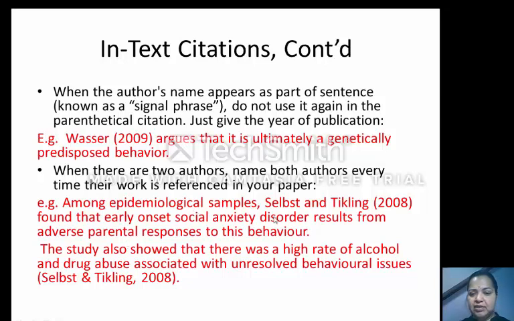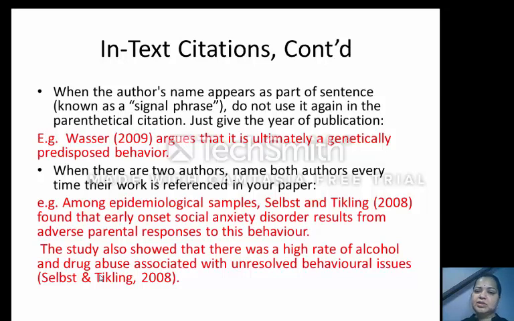So as I said, if you are saying it in between the line, at that time you can use "and", and if it is towards the end of the line, then you can use the ampersand when you put everything into a parenthesis. I hope this is making it clear.